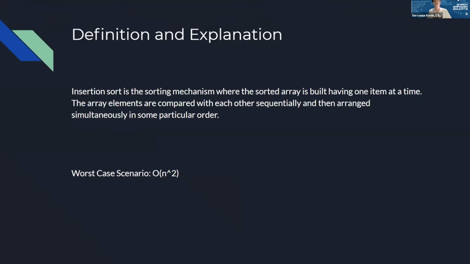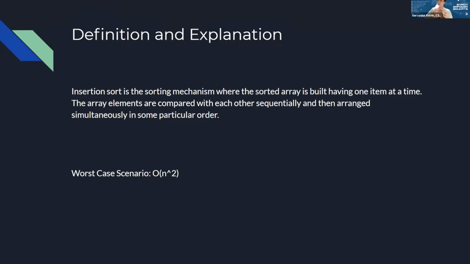The definition is basically a sorting mechanism where the sorted array, an array being a data structure containing a number of data values, is built one item at a time. So the array elements are compared with each other sequentially and then arranged in some particular order.